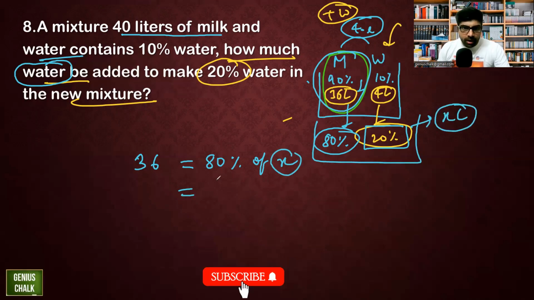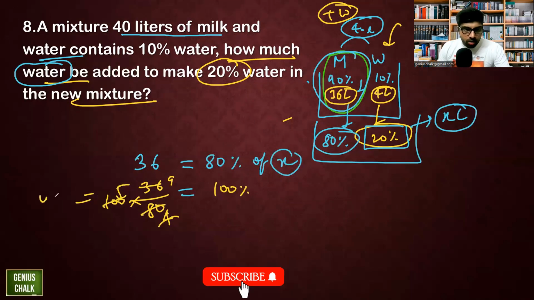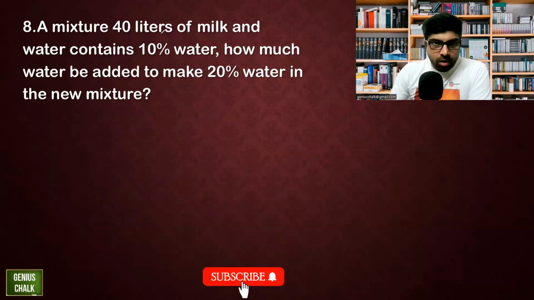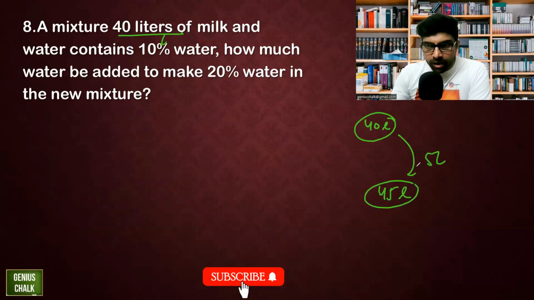Then we can say that 36 is 80% of the new mixture. So what is 100% of that? Overall, we have to find first. So 36 by 80, that becomes 4 9s are, that means 45 liters. 40 liters was earlier and 45 liters now. So there is 5 liters addition.